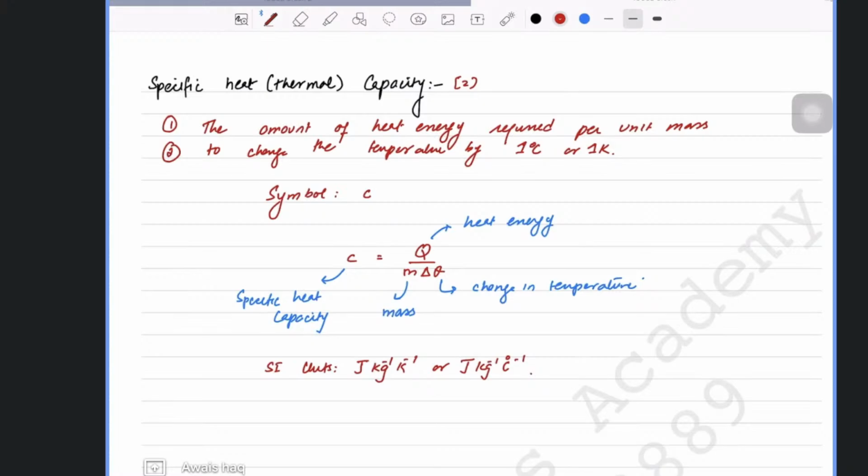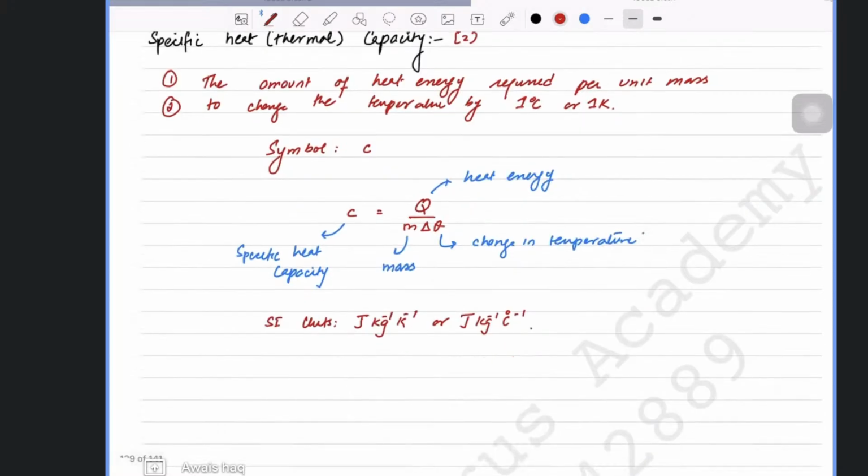All right, now. So its symbol is small c, right? Yes, small c. Then basically, if they just ask you about heat or thermal capacity, let's suppose, between these two, yes. So in specific heat capacity, is it 1 kg or 1 gram?